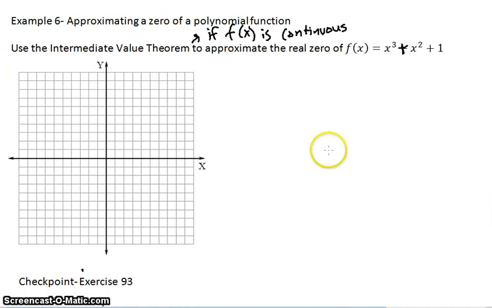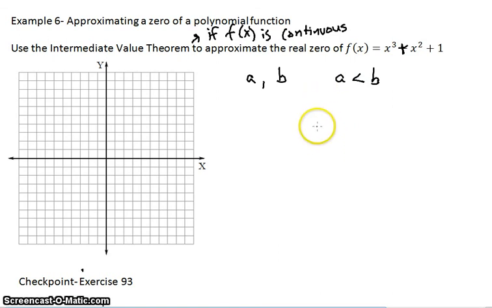That's what it means for something to be continuous. What the intermediate value theorem says is that if you have two numbers on your function that you're dealing with, a and b, doesn't matter which ones you pick. Let's say a is less than b. All right?